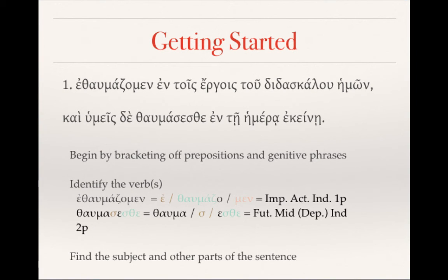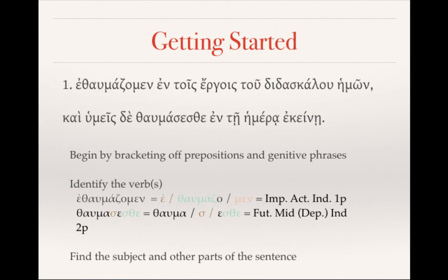So finally, we would find the subject and begin to work through the other parts of the sentence. Ethaumazomen has an implied subject we, and humeis is the subject of the second part. And then we would translate en tois ergois tou didaskalou hemon, which is just this long phrase, in or by the works of our teacher.